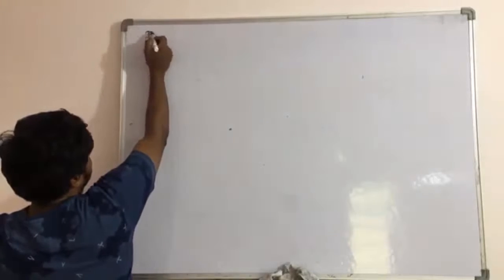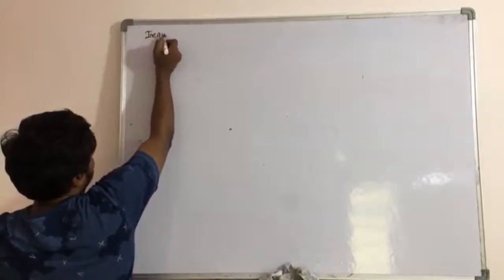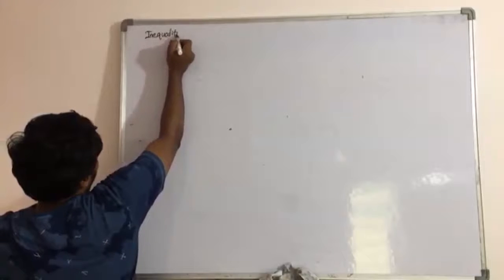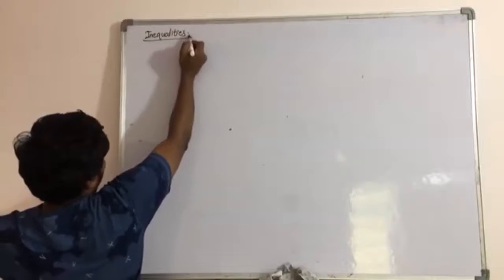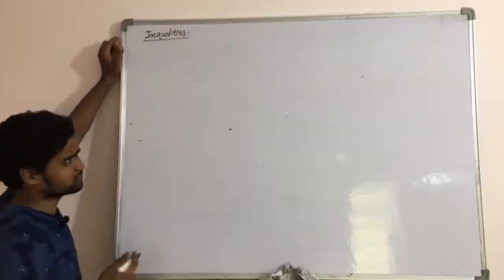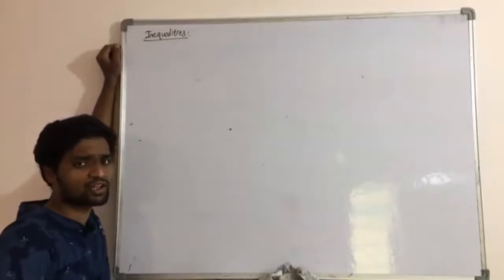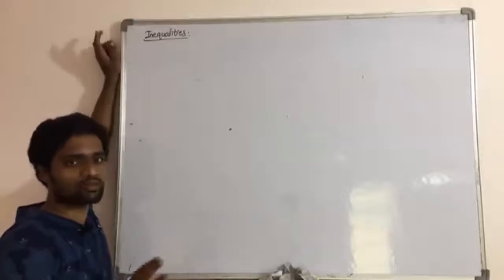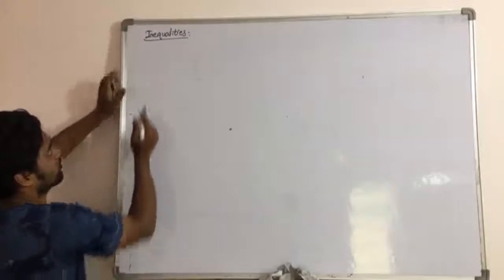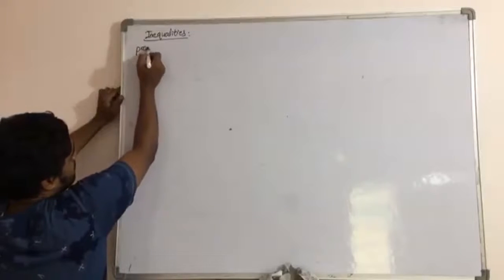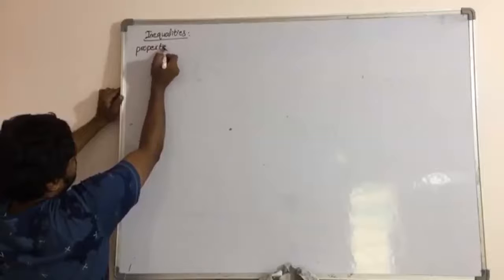Inequalities, properties. So less than, greater than, less than or equal to, greater than or equal to. So these are the 4 types of inequalities we are going to use. So, properties of inequalities.